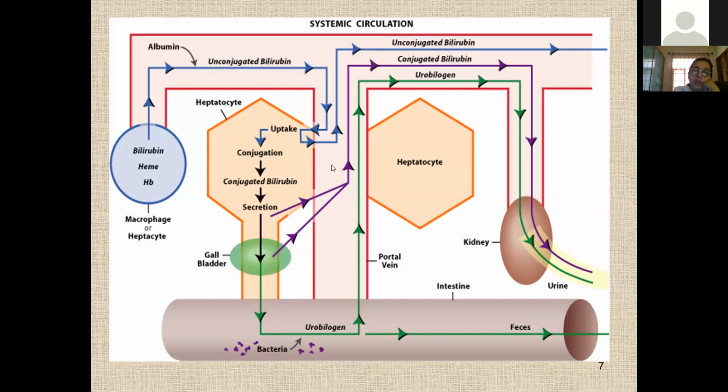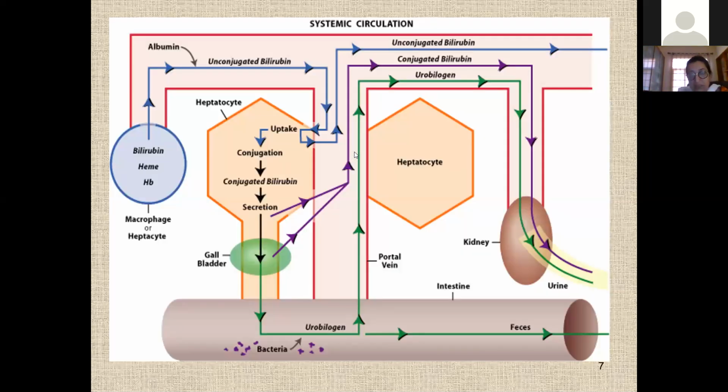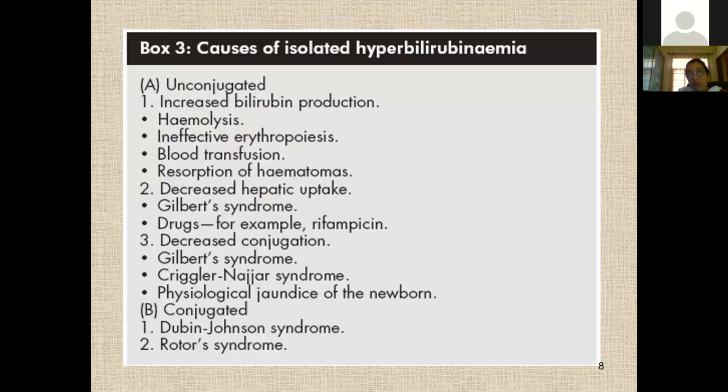And you have already studied this, and you know that the unconjugated bilirubin cannot be excreted in the urine, whereas after conjugation, the bilirubin is excreted in urine. And a part of the bilirubin is also excreted into the feces.